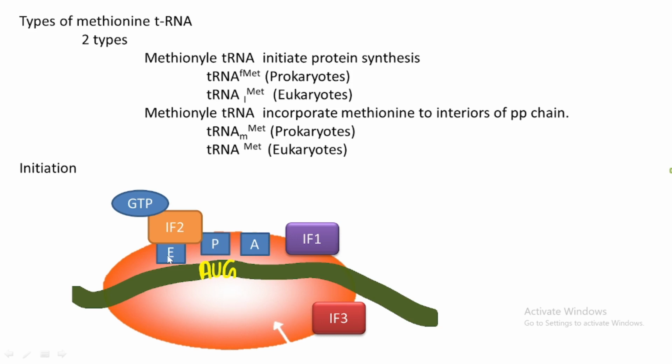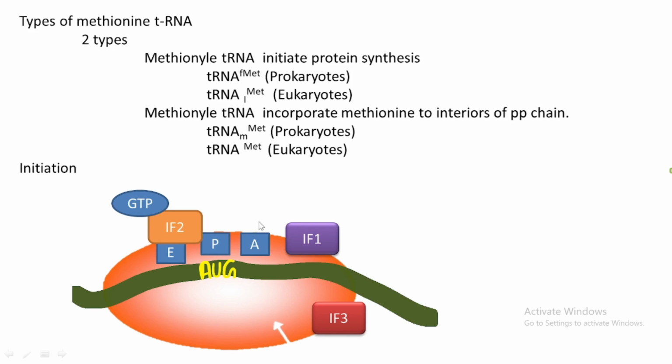Then one new thing I need to explain here is the 3 sites, E, P, A. Each of these sites has some significance and different roles, especially relating to giving attachment to the incoming tRNA carrying an amino acid.